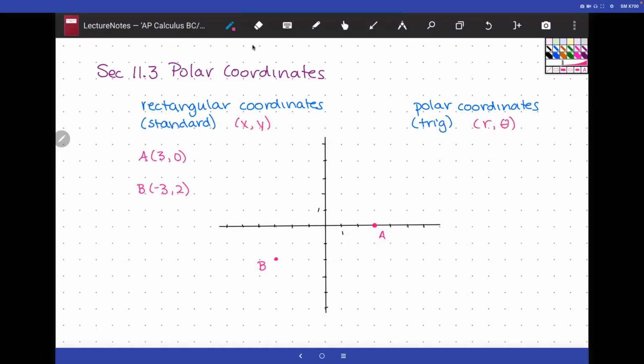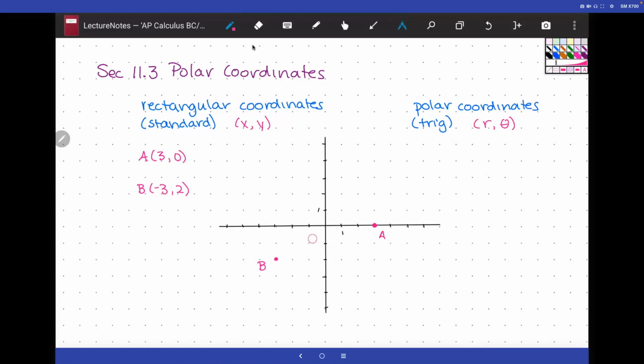All right, so r, theta. r tells you the radius of the circle that you're on, and theta tells you how many degrees around the circle you've gone. So I'm going to use this same plane that I've drawn, but what I'm going to do is put a bunch of concentric circles starting with a center at the origin.